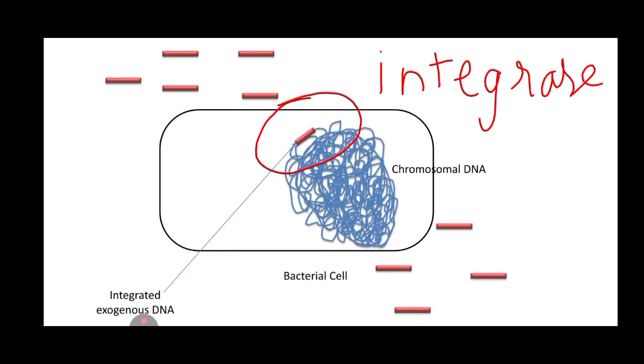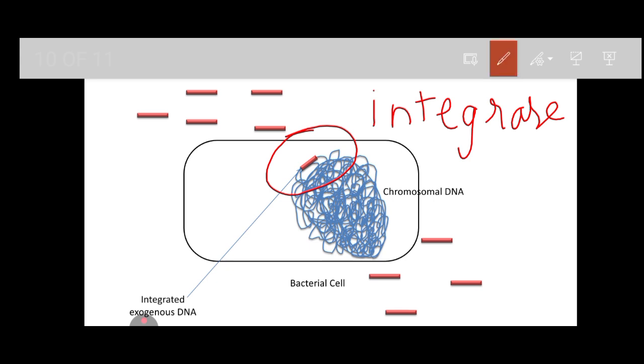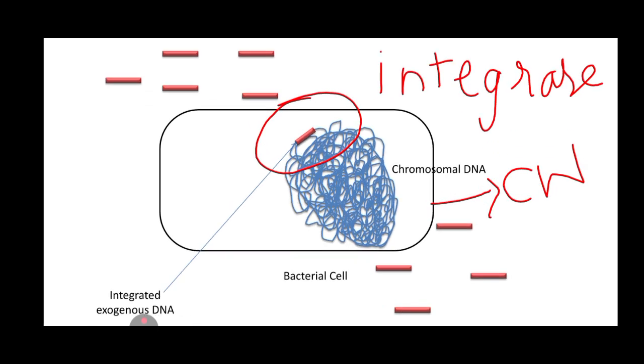So remember, this is the cell wall, the outermost layer. Upon integration, the bacteria started to show some new properties. Upon integration of exogenous DNA into the chromosomal DNA, the organism started to show new properties. What is the new property?